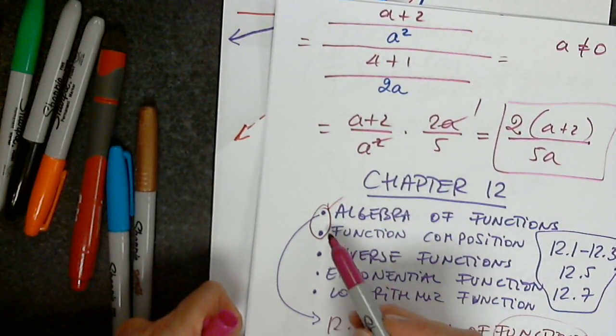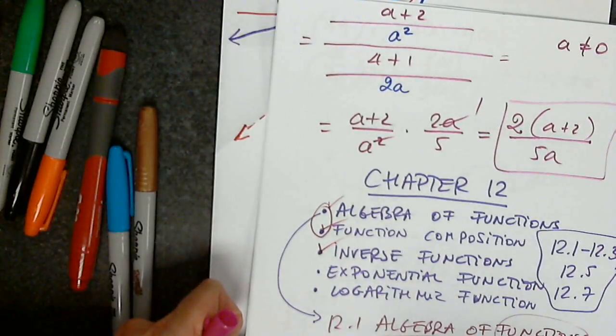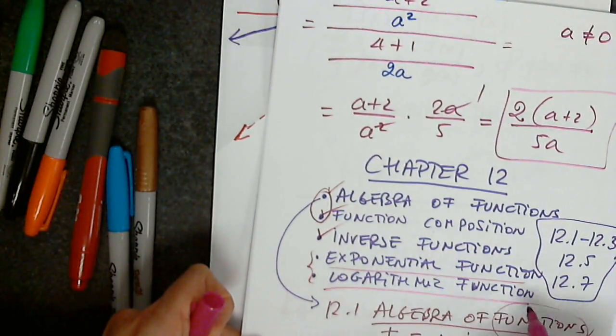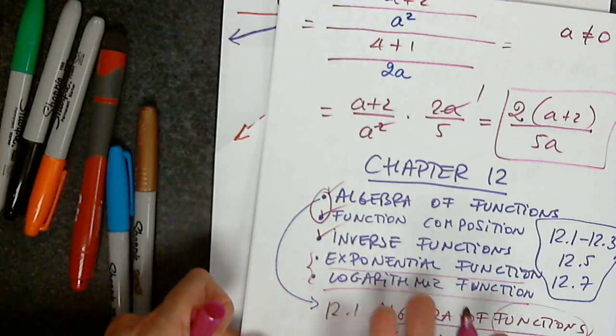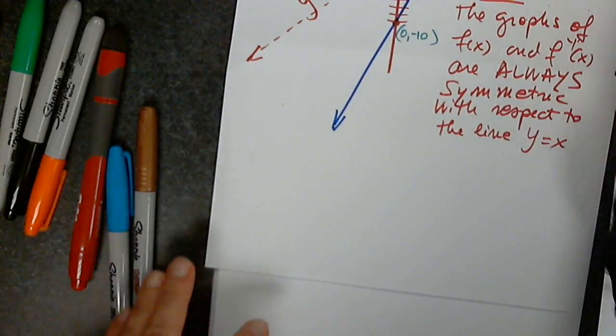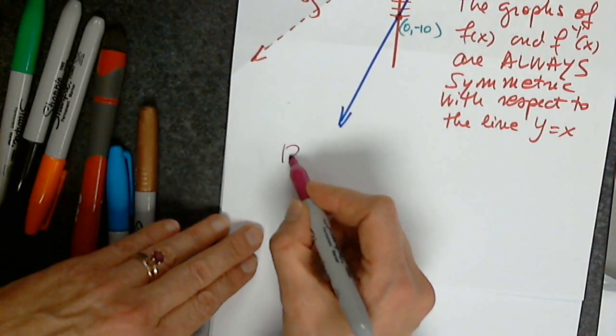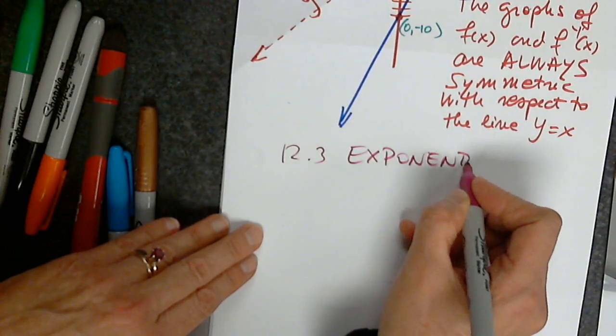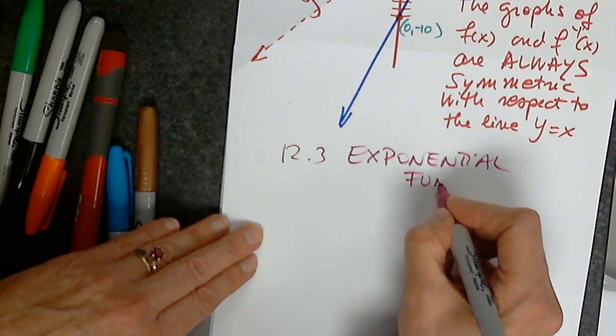So this was the algebra of functions, function composition and inverse functions. So now we are going to learn about the last two functions in this course. We look at the exponential, and that is section 12.3. Exponential function.